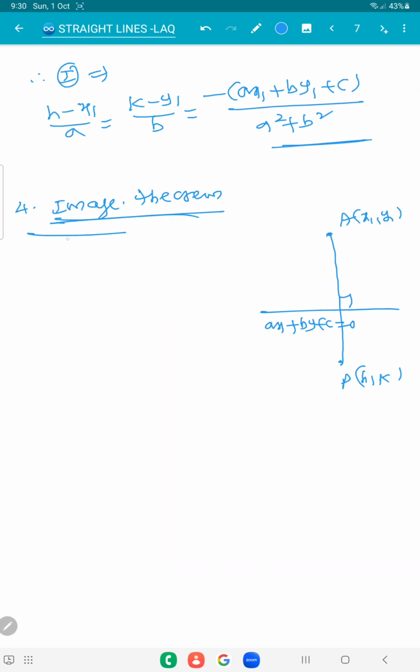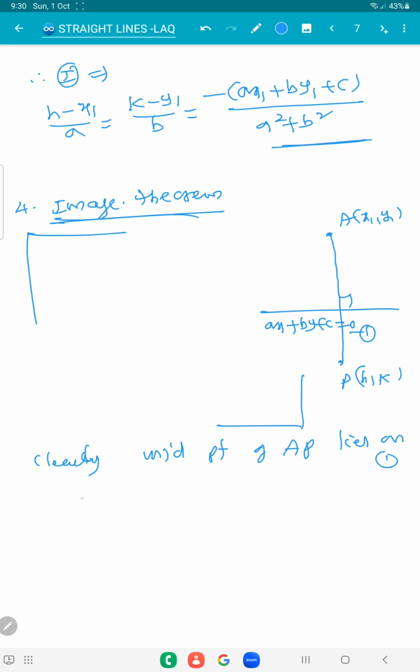So once this box is done, clearly the midpoint of AP lies on Roman 1. What is the midpoint? Midpoint of AP is equal to ((h plus x1) by 2, (k plus y1) by 2).